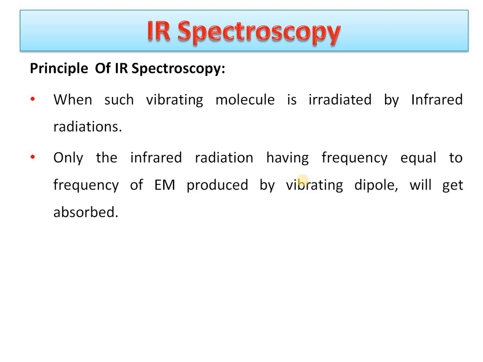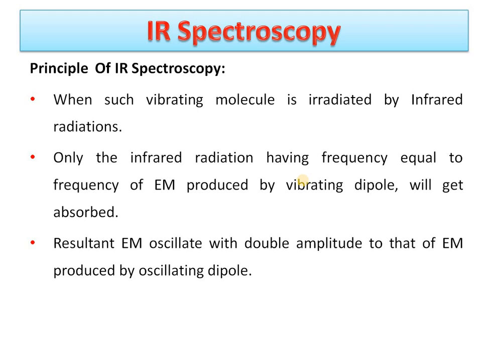In simple way, when the frequency of the electromagnetic field produced by the vibrating dipole equals the frequency of IR radiation allowed to fall on that molecule, then the molecule will absorb that IR radiation because both have equal frequency. So simply only the infrared radiation having frequency equal to the frequency of the electromagnetic field produced by the vibrating dipole will get absorbed.